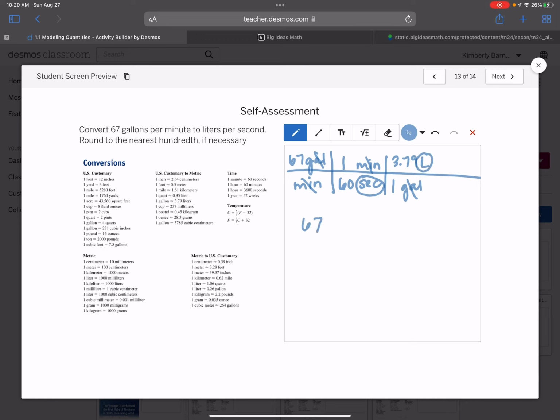So 67 times 3.79 over 60. 67 times 3.79 is 253.93. Divide that by 60. We get about 4.23 liters per second.